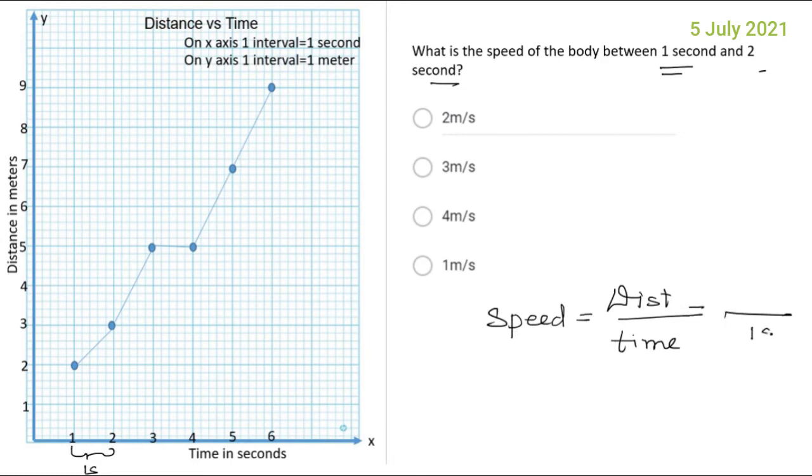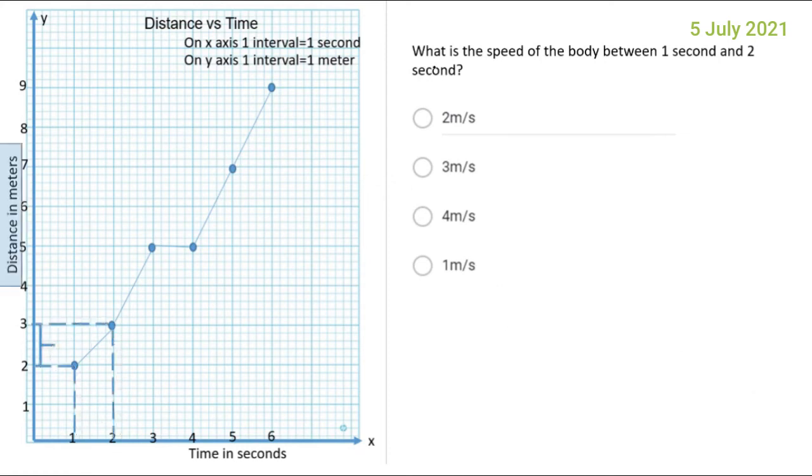So time is 1 second, right? How much is the distance covered? If you take here, it will be again 1 meter. So 1 meter is the distance covered in the time interval, and therefore the speed is 1 meter per second. Once again, a very easy question, right? Many of you must have already solved this question.